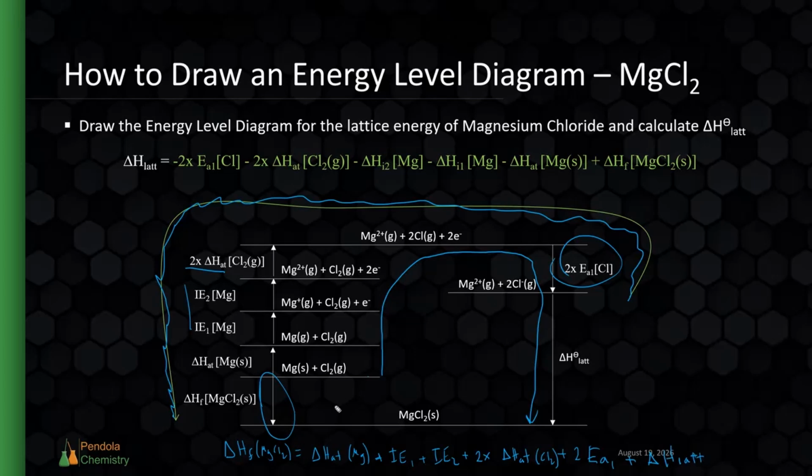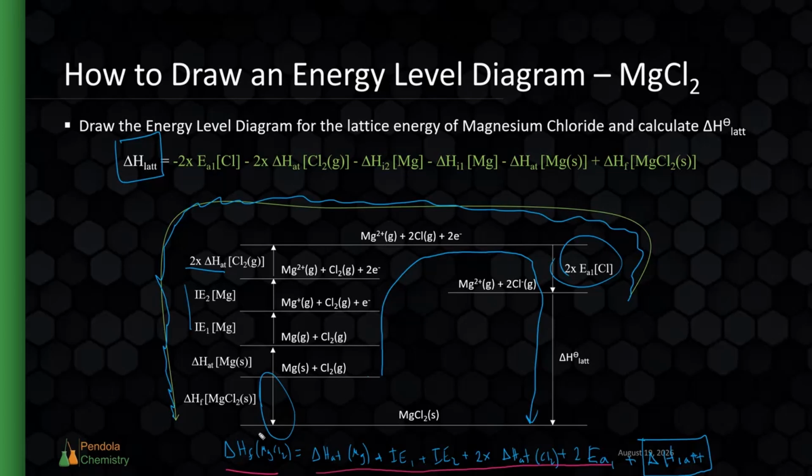And you might be saying, well, that's a different equation than this. Well, not really. Because if we isolate delta H lattice right here, which is what this equation did, all we have to do is now subtract all of this right here from delta HF. Meaning delta HF is going to be positive, all of these are going to be negative.